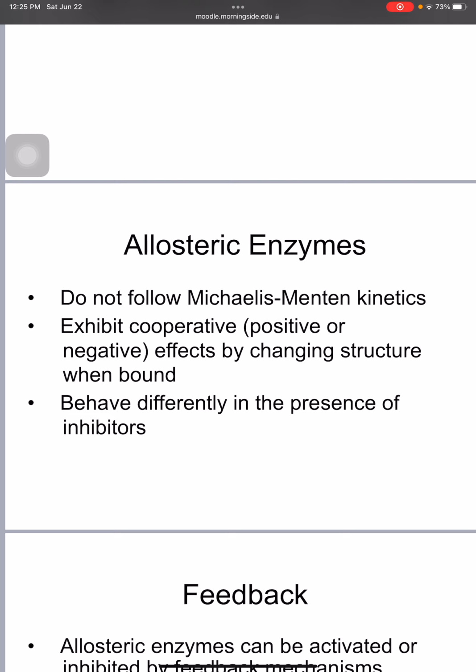And this can mean increasing its activity or tendency to bind a substrate, or decreasing it. There are all sorts of things that can cause this. Substrate binding itself can cause allosteric effects. Also, inhibitors and activators can cause allosteric effects as well.